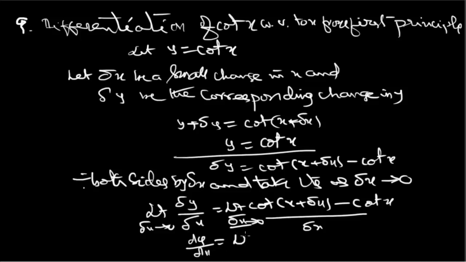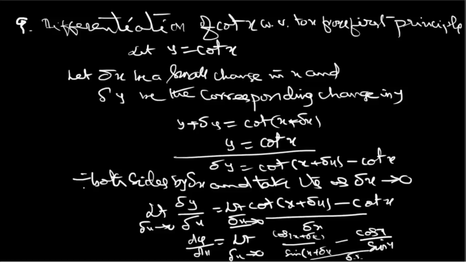Now here by convention left hand side is nothing but dy by dx. So limit delta x tending to 0, cot of x plus delta x is written as cos of x plus delta x by sin of x plus delta x, minus cot x is written as cos x by sin x, divided by delta x.